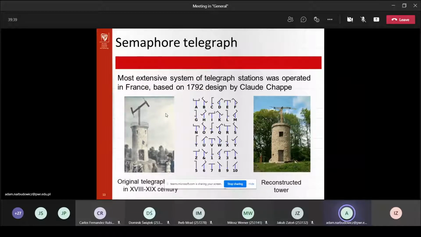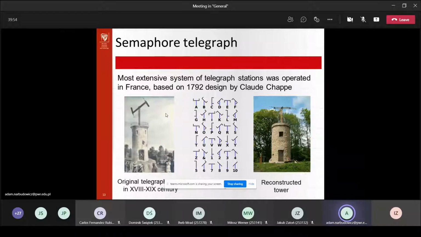By observing a neighboring tower or neighboring station, you could transmit information. And basically back in those times, that was kind of a revolution.